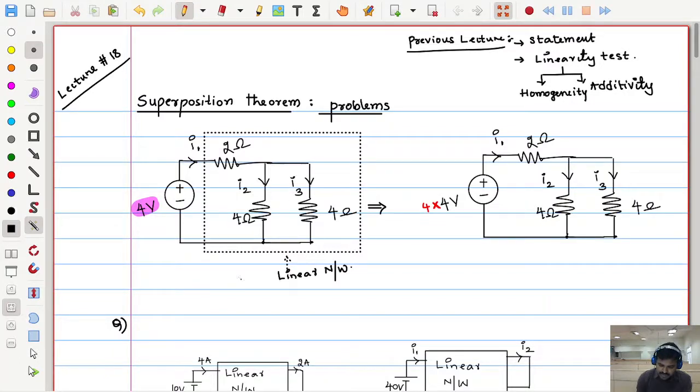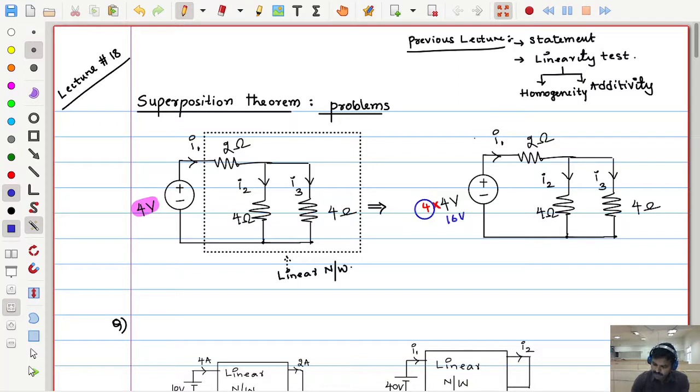Now according to the homogeneity principle, if this network is a linear network and I increase the input by a certain constant, let us say 4 times, that means instead of 4 volts I give 16 volts as input, the corresponding output will be multiplied by the same constant for each response.